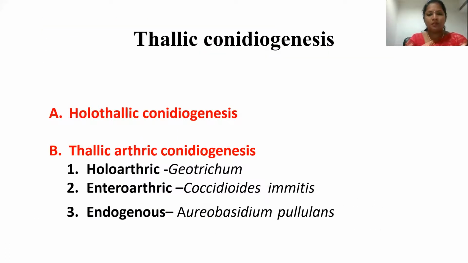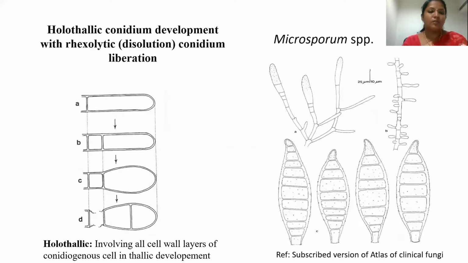So this was about the blastic. Now we will see the thallic conidiogenesis. Thallic conidiogenesis is again divided into holothallic and thallic arthric conidiogenesis. Thallic arthric is again divided into holoarthric, enteroarthric, and endogenous arthric conidiogenesis. So for holoarthric conidium development, we should know the term rhexolytic. Rhexolytic means the separation of the cells either by lysis or fracture of the cells.